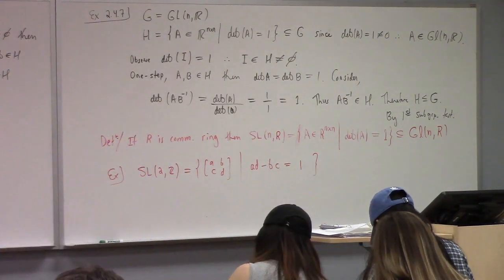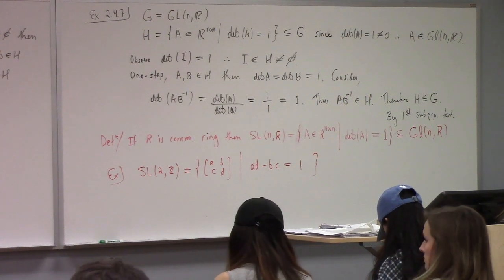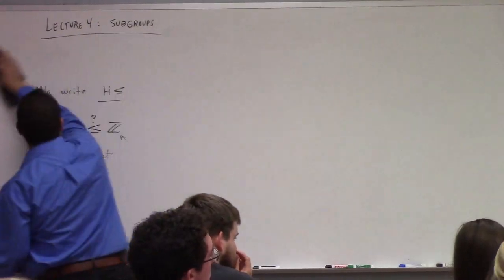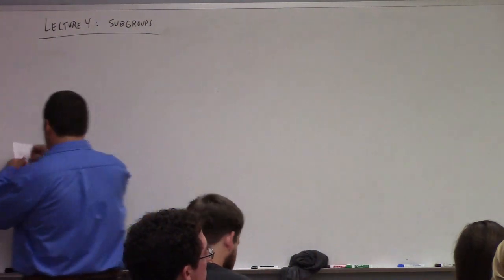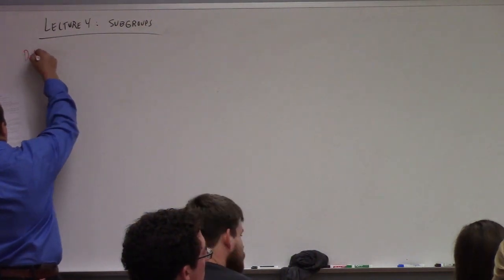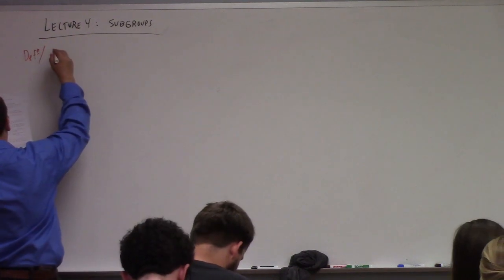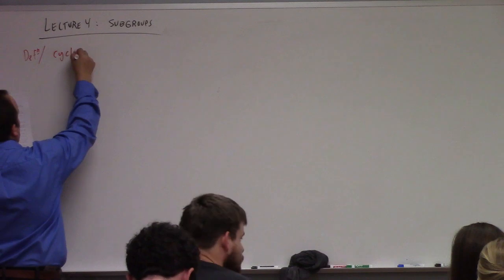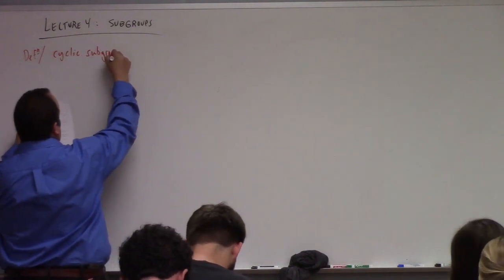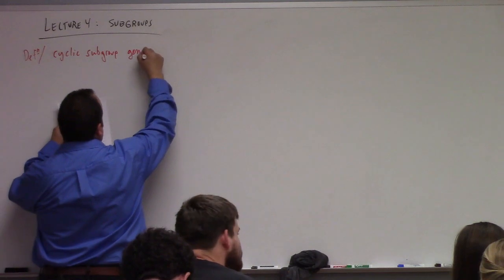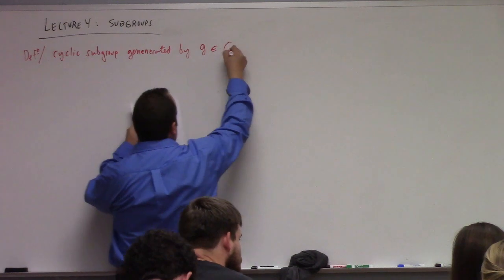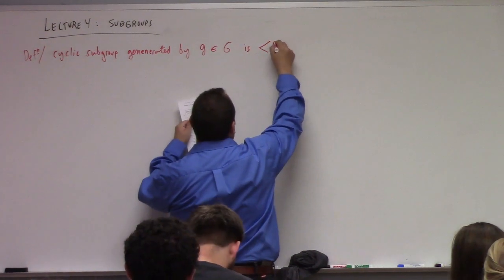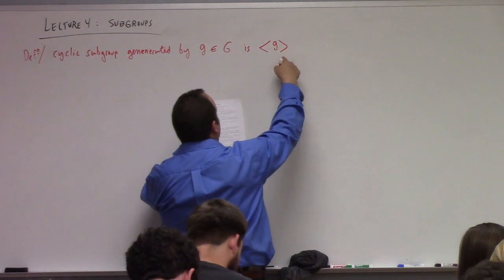So the next couple of constructions I have for you guys are more general. Actually, this definition I'm about to make is one of the more important ones I'll say today. The cyclic subgroup generated by g in a group G is angle bracket g, I mean Langle g Rangle.